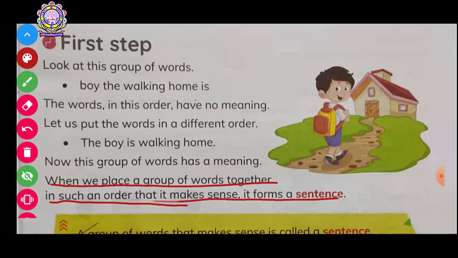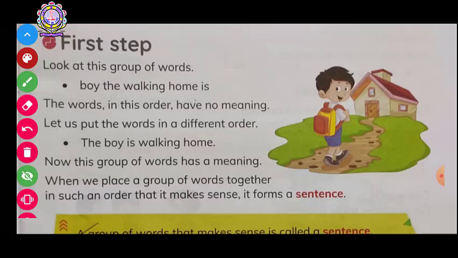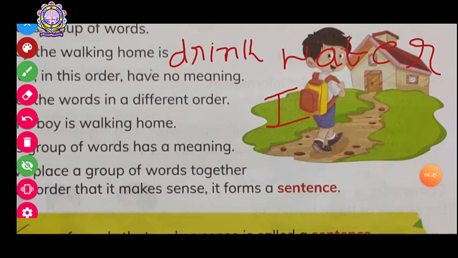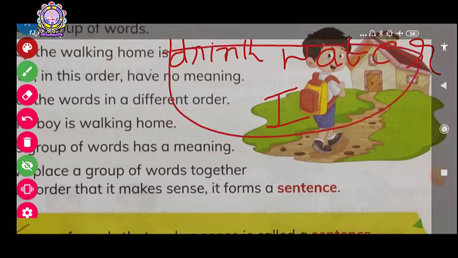So when some words are written in some order and they form a sense, suppose I say: drink water I. Now tell me, is this a sentence I've written here?